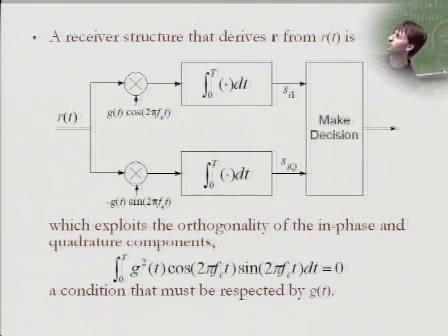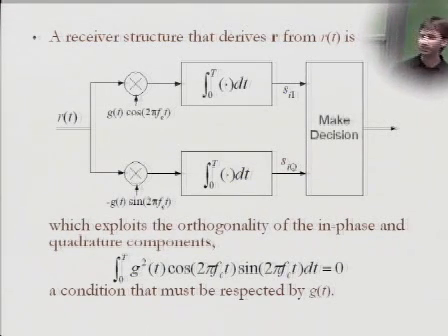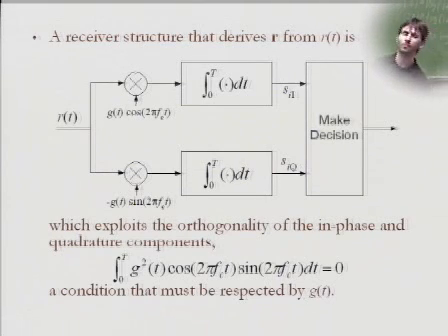On the bottom branch, the in-phase component that's riding on a cosine gets multiplied by a sine and integrated out, and all that remains is the quadrature component, which is a sine versus a sine. So that's how you discriminate the components, by taking advantage of the fact that the sine and the cosine are orthogonal, which reflects, of course, the fact that the in-phase and the quadrature components are orthogonal.